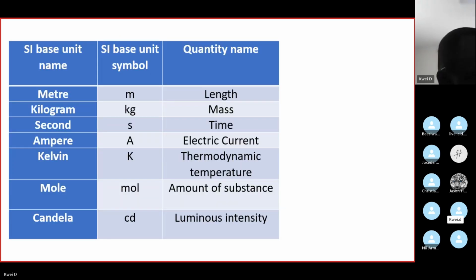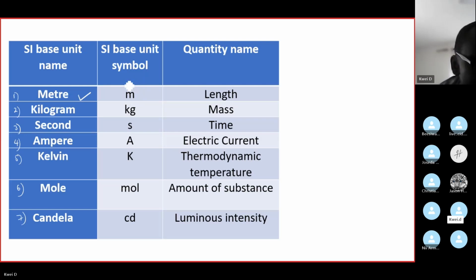So what are the 7 fundamental units that we have? One, 2, 3, 4, 5, 6, and 7. These are the 7 fundamental units that we have. We have the meter, the symbol is m.